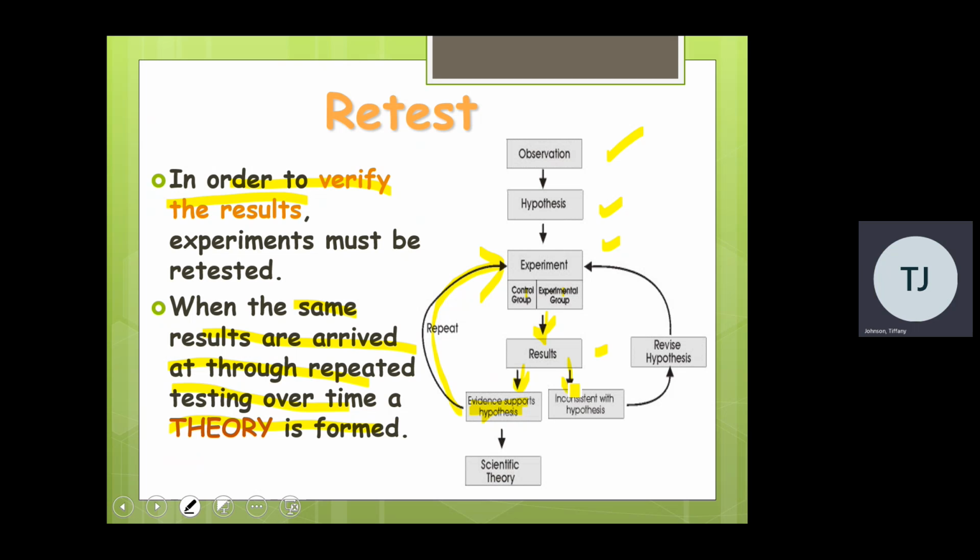Or the hypothesis is not accepted. You revise it, come up with a new prediction, experiment, do it over and over again. Once you get to this place right here, and you finally do it enough times and get the same results every time, you can get a scientific theory.